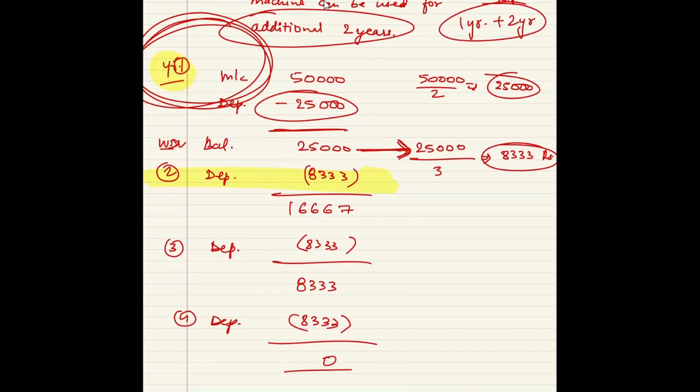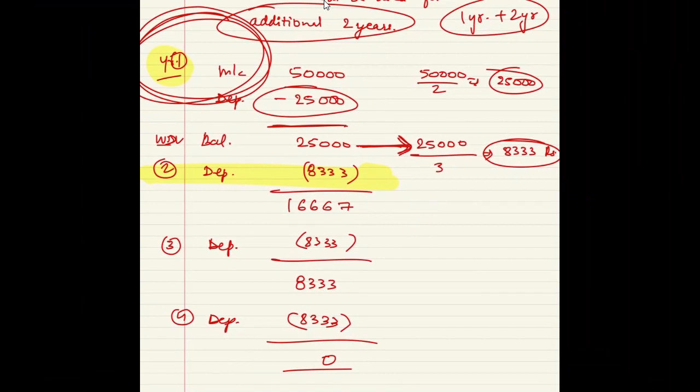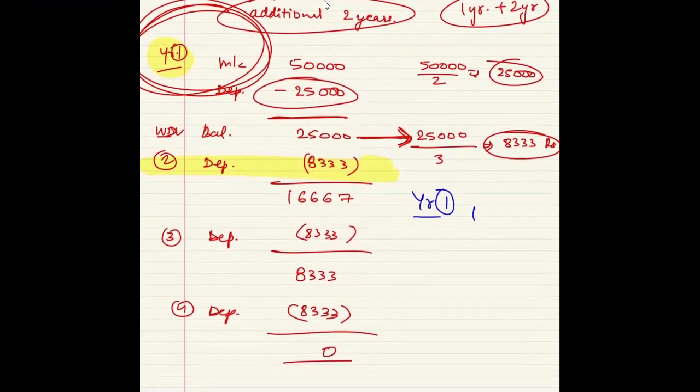But if there is a retrospective change, it needs to be done from year one itself. So from year one, the original value of the machine was 50,000. So if the machine had a life of 4 years, what should be the depreciation charged per year?